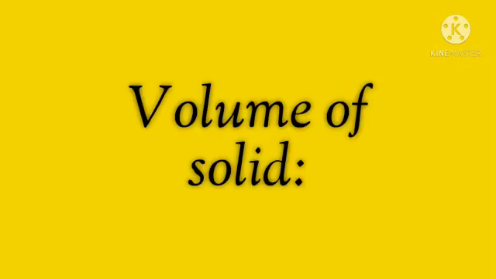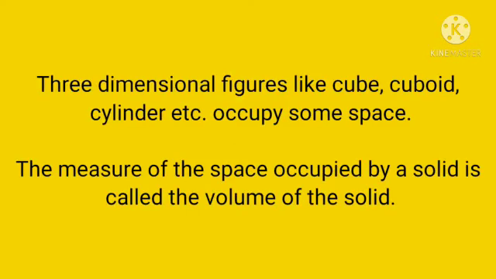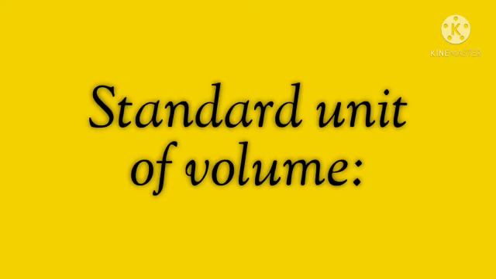Volume of solid. Three-dimensional figures like cube, cuboid, cylinder, etc. occupy some space. The measure of the space occupied by a solid is called the volume of the solid. Standard unit of volume.